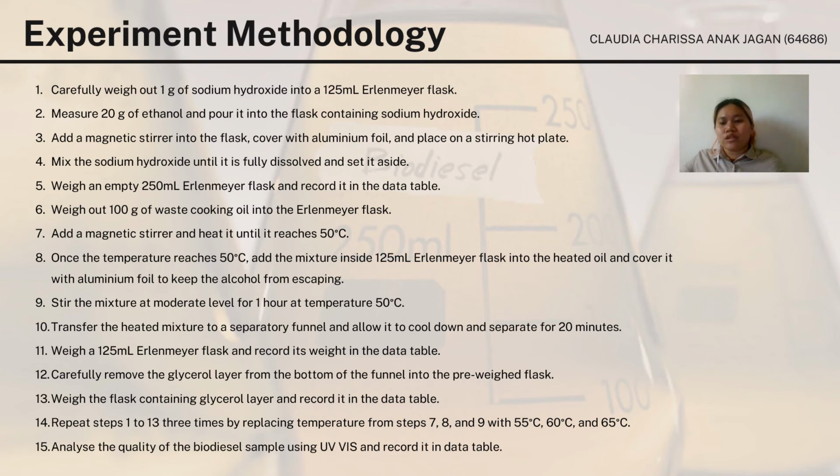The temperature changes are set in steps 7, 8, and 9. Lastly, in order to investigate the effect of the temperature on the quality of the biodiesel, the samples collected will be analyzed using UV-Vis, and the data collected will be recorded in a data table.